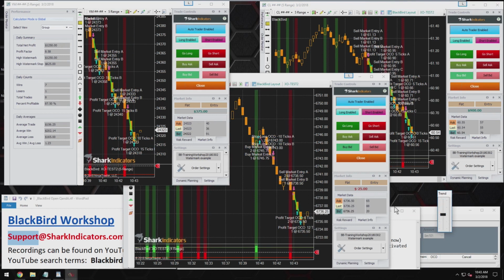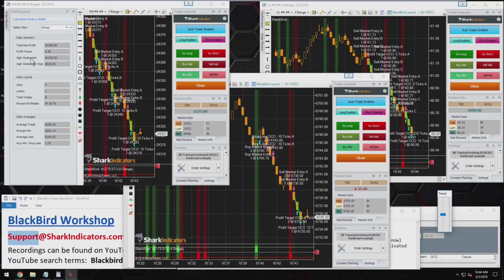So actually, let me pause it here. So we can see our high watermark is at $1,250, right? $1,250, and the high watermark stop is half of that, right? Because remember, in the settings, we set the high watermark stop at 50% of the high watermark.